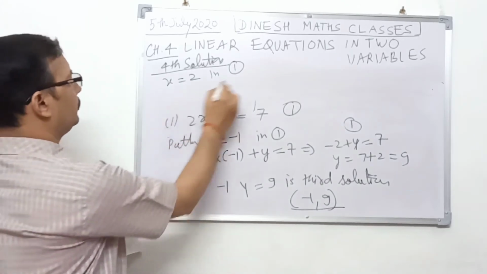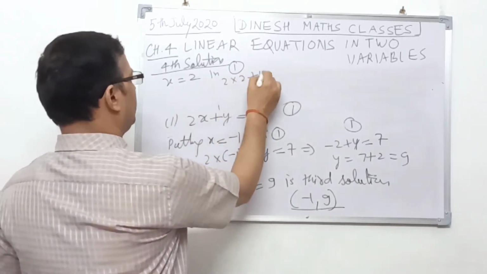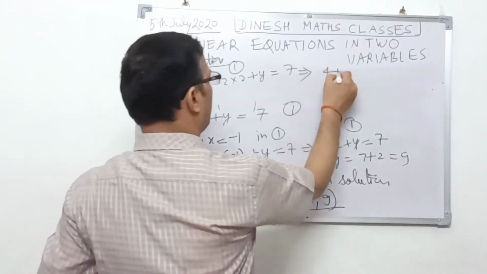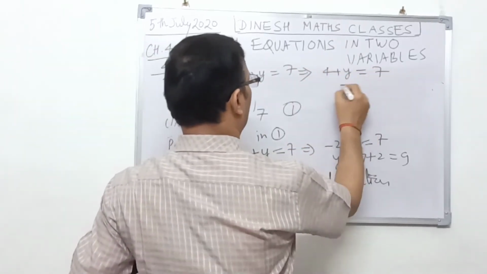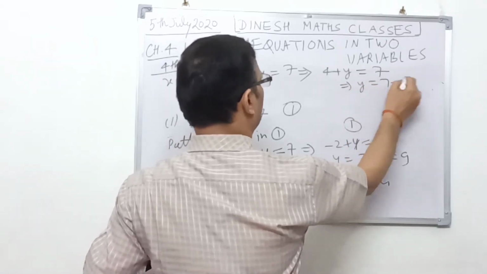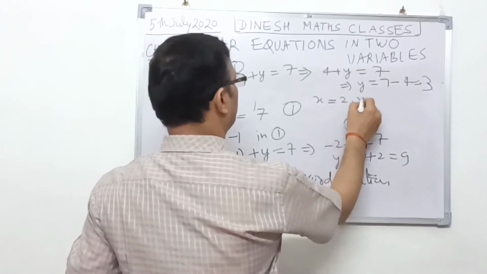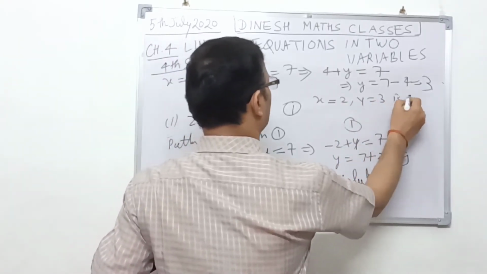So 2 into 2 plus y equal to 7, and this implies 4 plus y equal to 7, or y equal to 7 minus 4, 3. So therefore x equal to 2, y equal to 3 is the fourth solution.